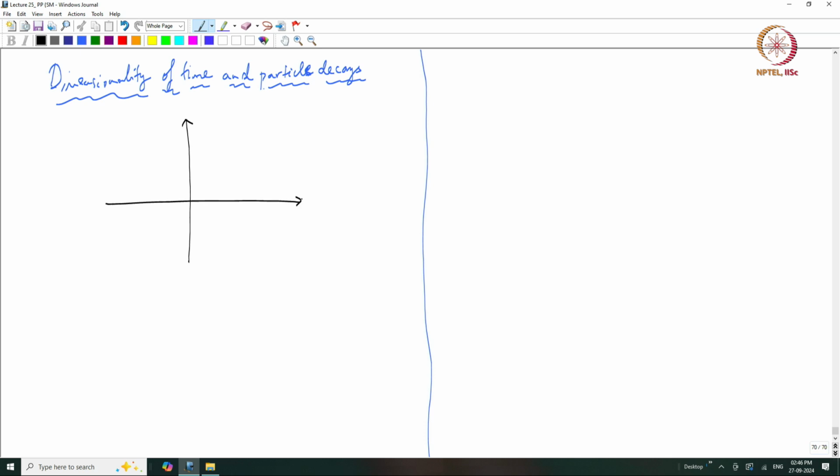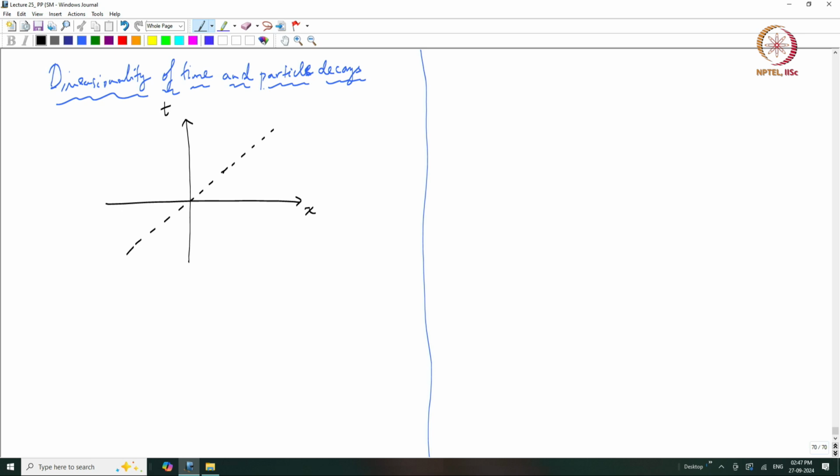If you want, you can go and brush up your special relativity and in particular think about space-time diagrams. I am just drawing a space-time diagram in two-dimensional space, and this is the null vector at 45 degrees, correct?